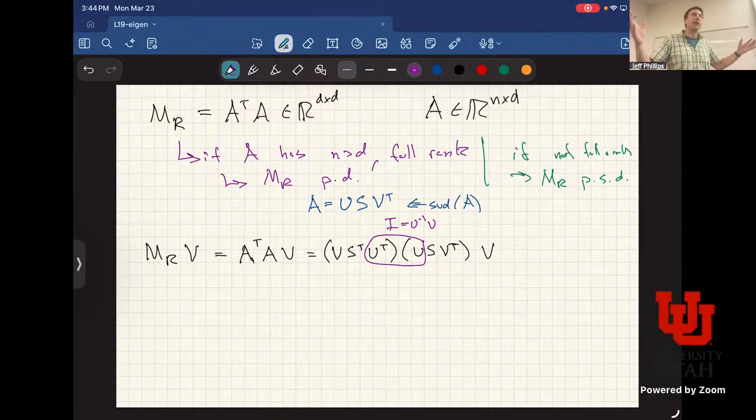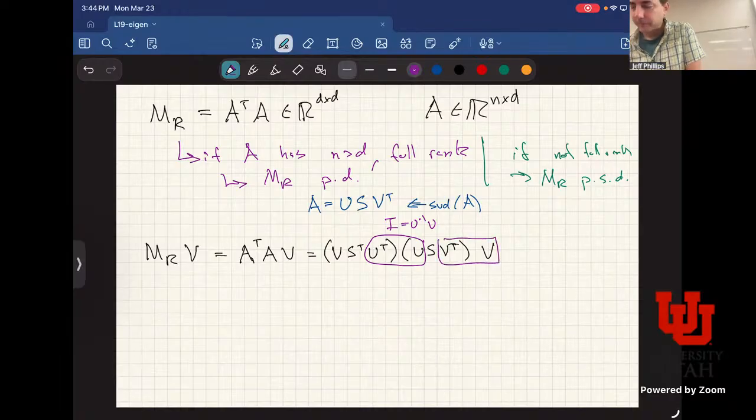That's how I get the identity. And then the same thing happens here. This is also the identity because it is V inverse times V. So that means these cancel out. When I multiply numbers together and I get one in a product, I can remove that one from the product. These cancel out with each other.